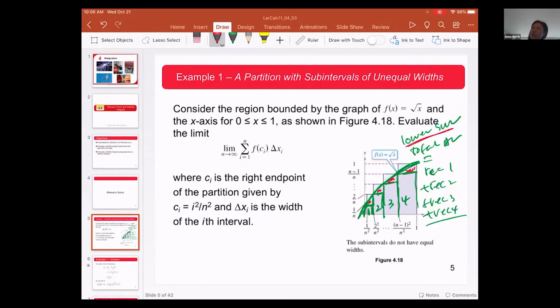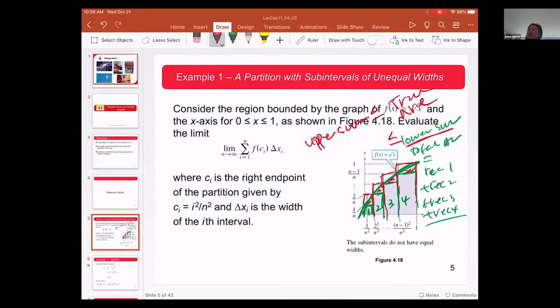So lower sum and upper sum, upper sum was this. Okay, did you see it? The upper sum is more than the true area, and the lower sum is smaller than the true area. So the true area is in between lower sum and upper sum.